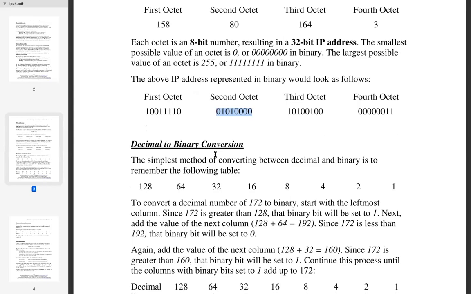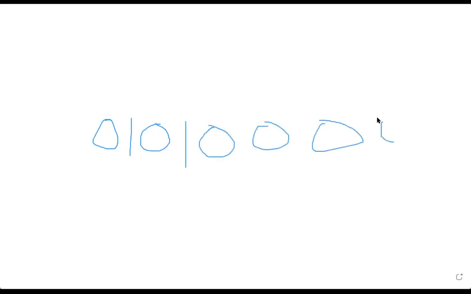Please calculate the second octet for me. So the second octet is 1 0 0 1 0 1 0 1. The rest are zeros. Please calculate this and give me the answer. 2 minutes.